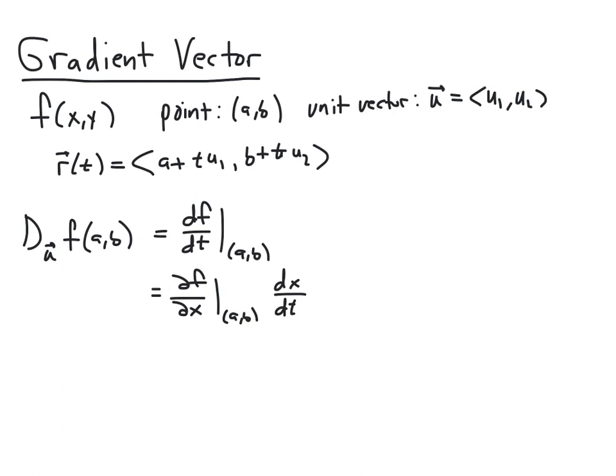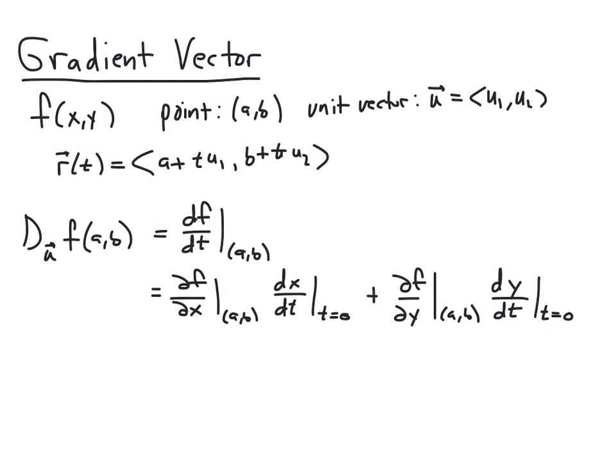Now this has to be evaluated at t equal to 0. It's a function of the one variable t. And if you notice in the function r above, we get the point (a, b) by letting t equal 0. And then we have to add to this del f/del y, evaluated at the point (a, b), times dy/dt, evaluated again at t equals 0.